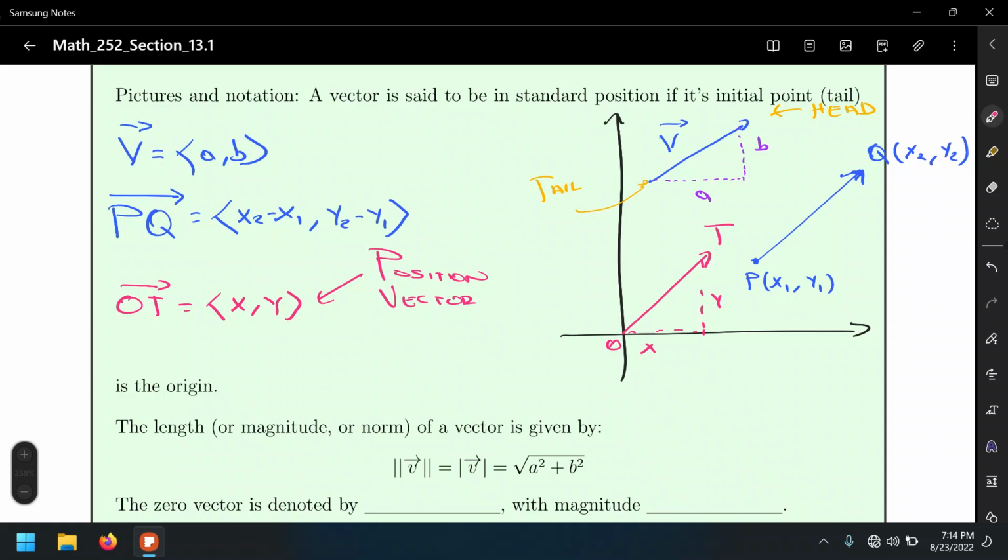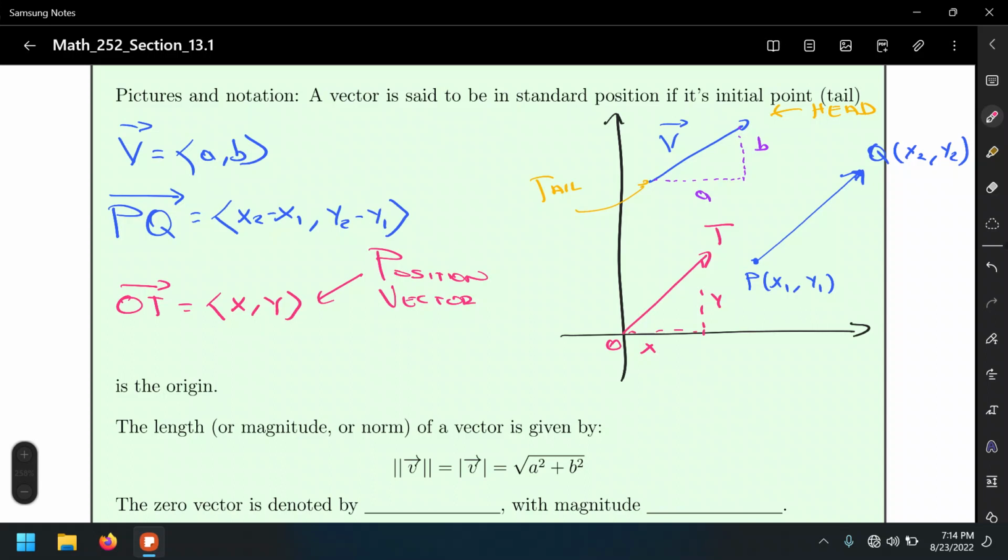But if we look at the geometric shape right here, isn't it a right triangle? And we want to know the length in blue, the length of the vector. Question, any ideas on what mathematical formula or theorem could be useful to find this length if we think of right triangles? The Pythagorean theorem.